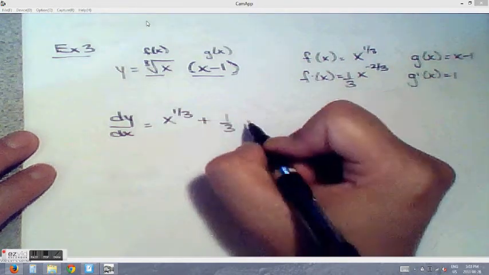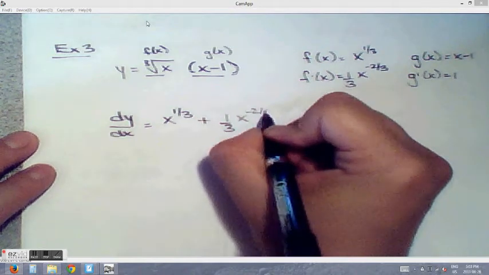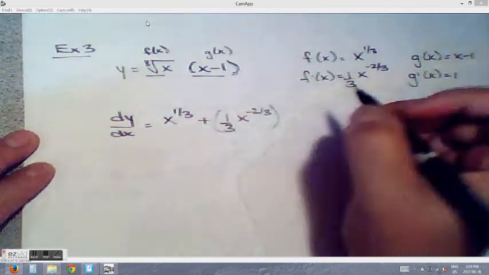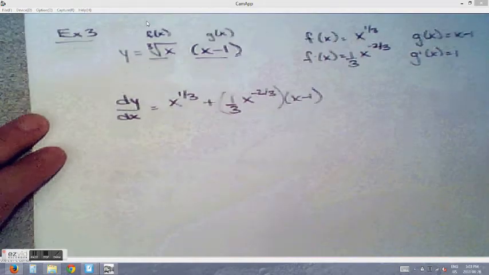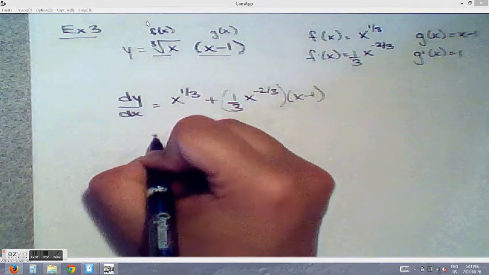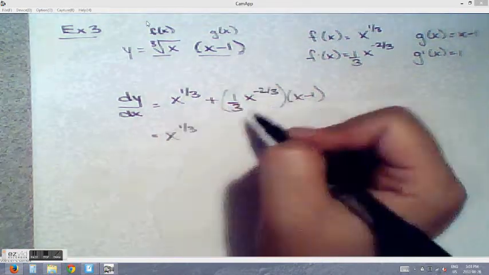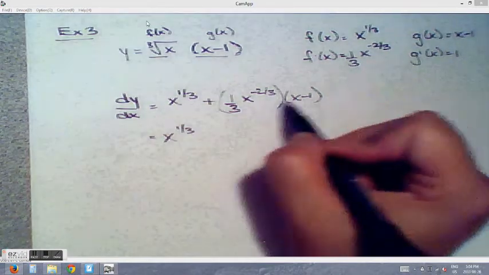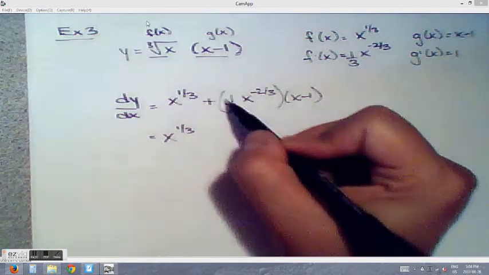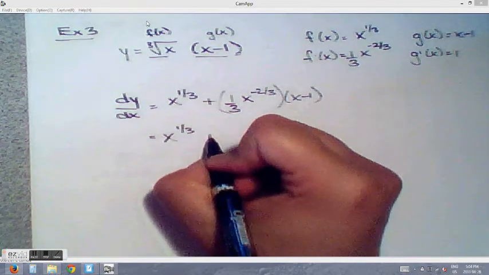I might keep my brackets just for the sake of it. x minus 1. Here we are going to simplify. x to the exponent 1 over 3. For now, I'm just going to leave everything in exponential form, and I'm going to multiply this with each term in this bracket.